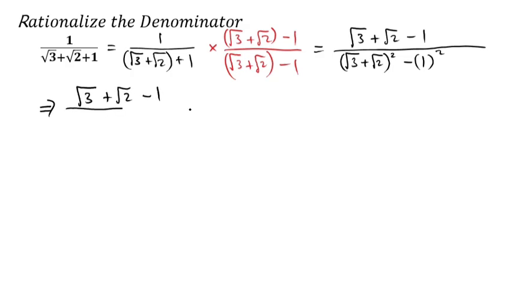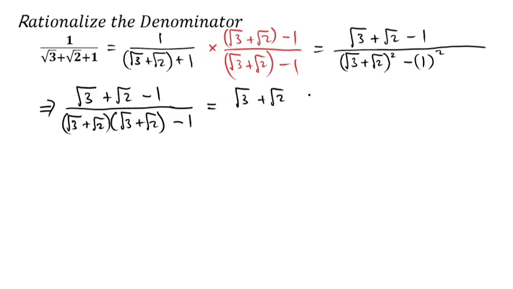In the denominator, I'm now expanding root 3 plus root 2, multiplying by itself as root 3 plus root 2. Then remember there's a minus 1 there. So this is equal to root 3 plus root 2 minus 1 divided by, so root 3 times root 3 is 3.